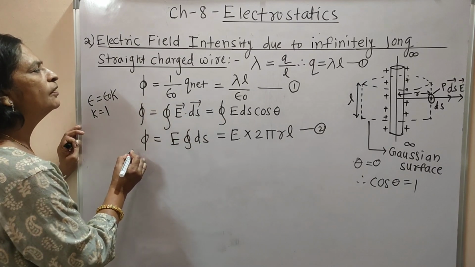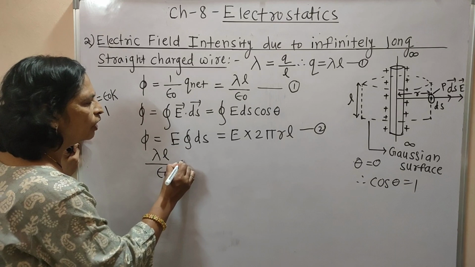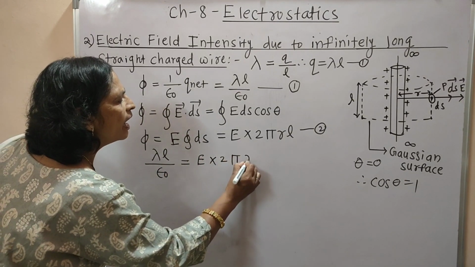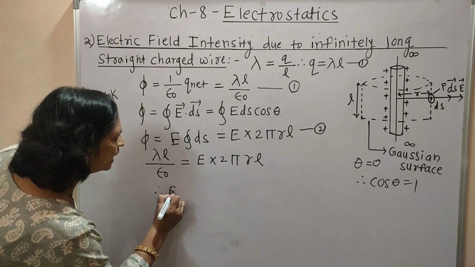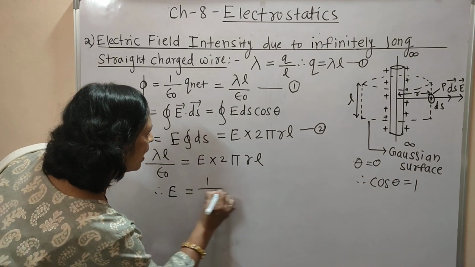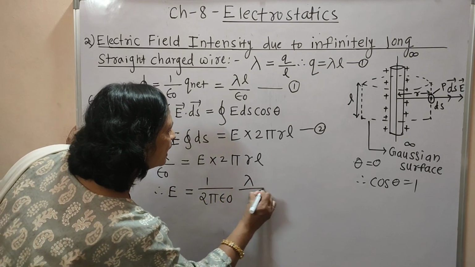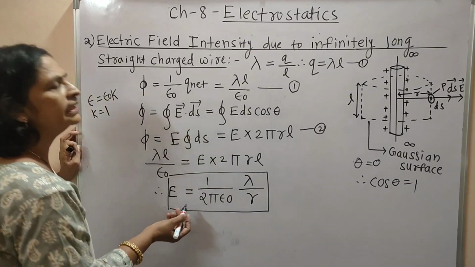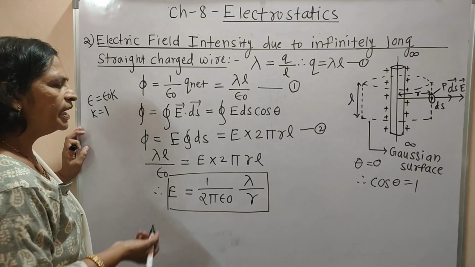Lambda L divided by epsilon naught is equal to E into 2 pi r L. Then L gets cancelled, and the value of electric intensity is 1 by 2 pi epsilon naught into lambda divided by r. This is the value of electric intensity at a distance r from the axis of the wire.